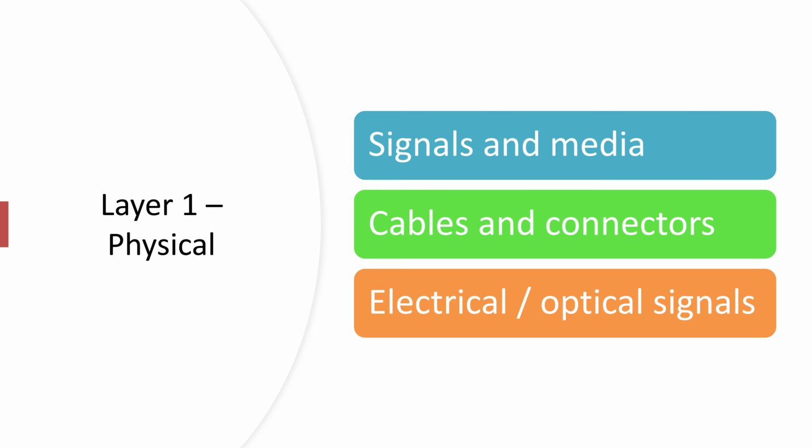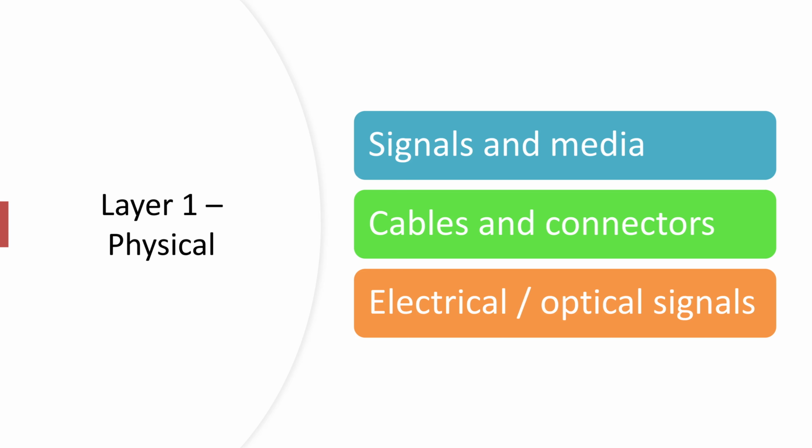If a cable is unplugged, damaged, or a signal is too weak, then the problem is at layer 1. Some typical layer 1 issues include broken cables, wrong cable types, damaged ports, and signal interference.